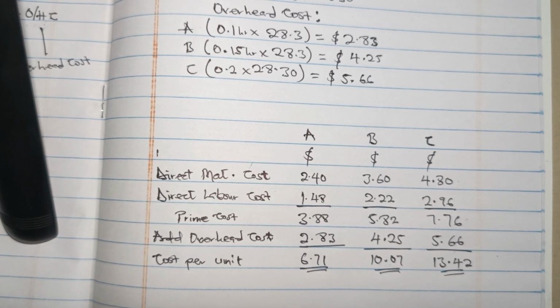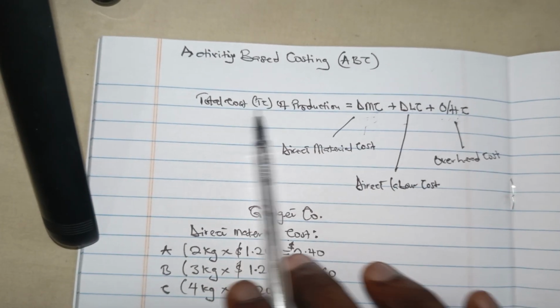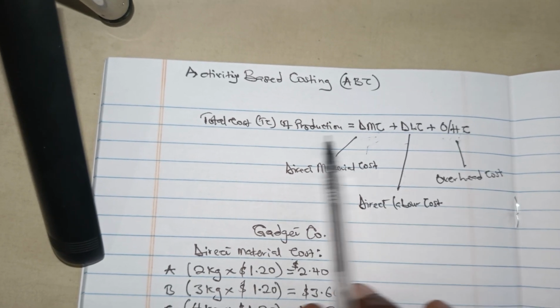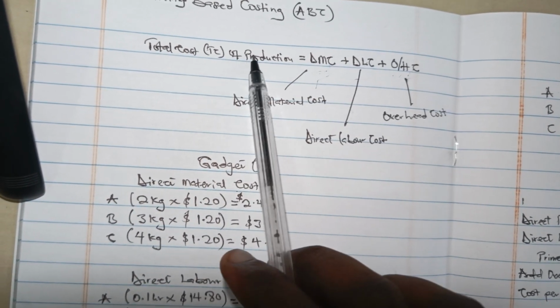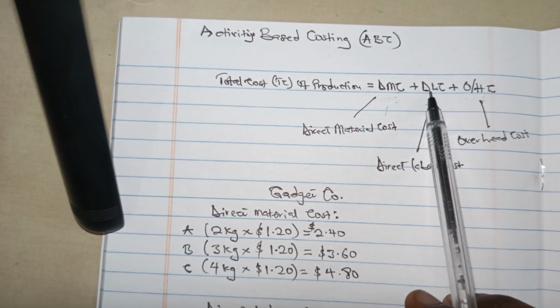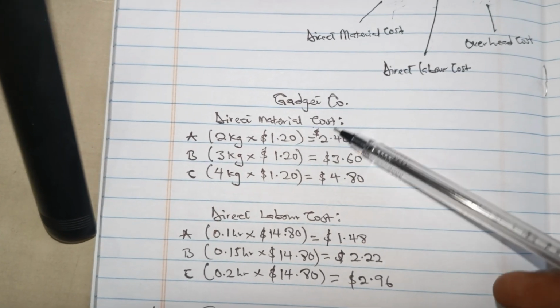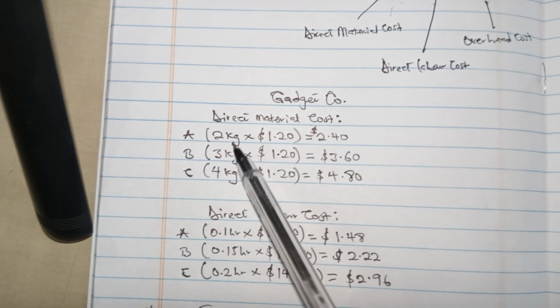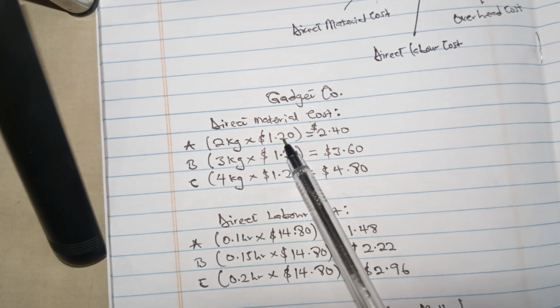You get it. So remember, we followed this format. So the total cost or the full cost according to the question is DMC plus DLC plus OHC. So you first find the direct material cost, which is per unit and per the price.